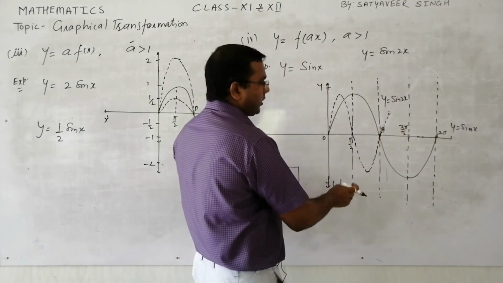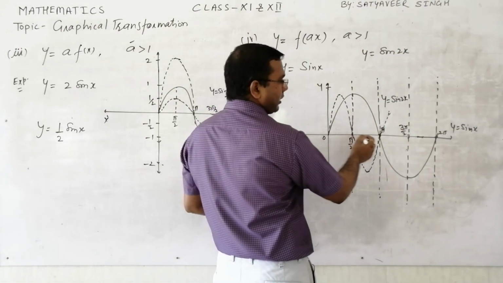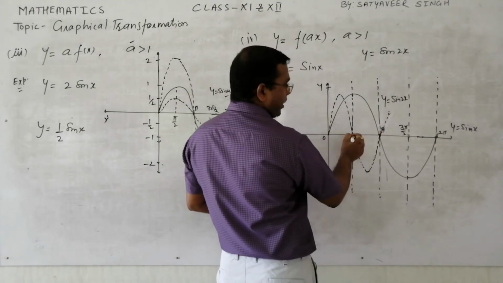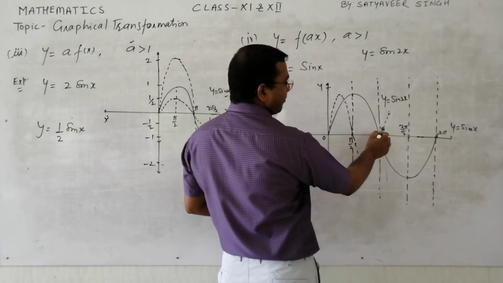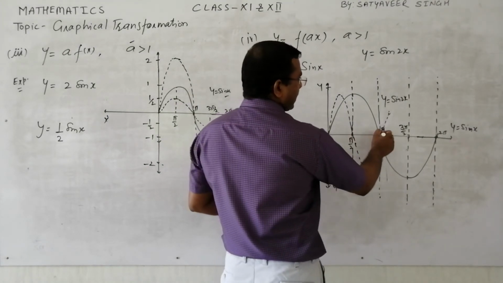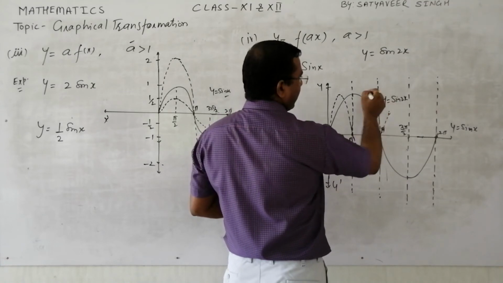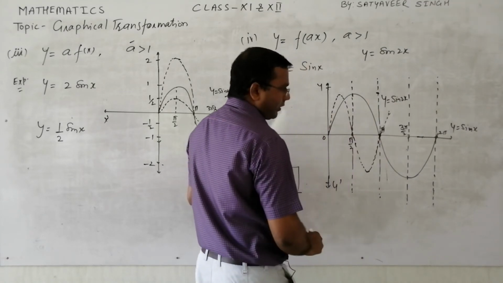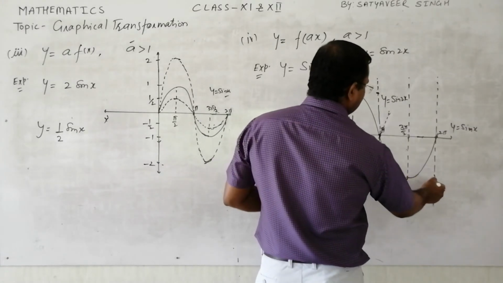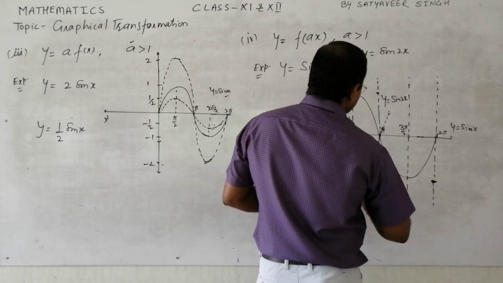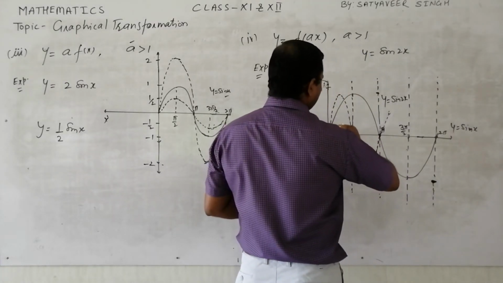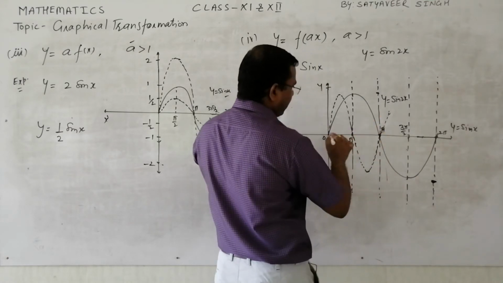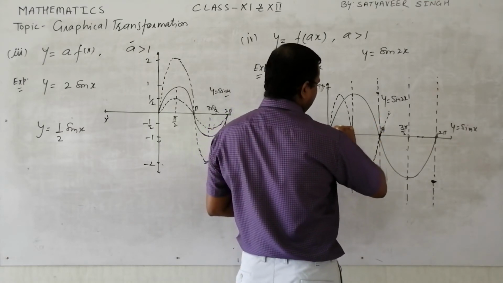So what happens now? Earlier it was pi by 2 here, this point changed, and now this becomes pi by 2. So the vertex comes here now, it will stretch, it is coming here now. This vertex also shifts here. So if you see this graph, I am just trying to differentiate so that you can analyze.